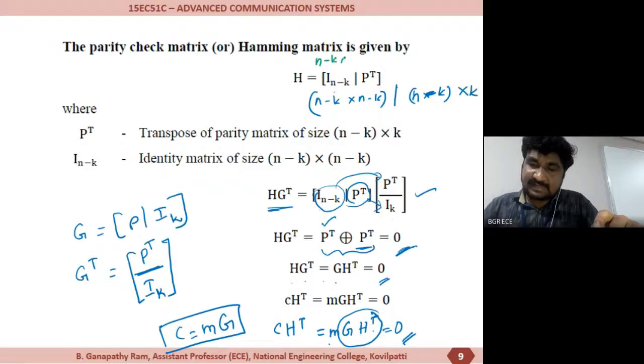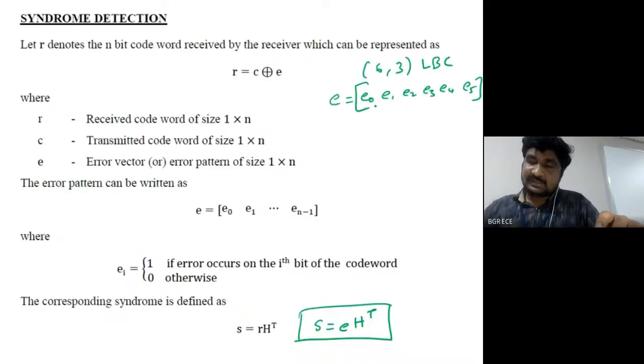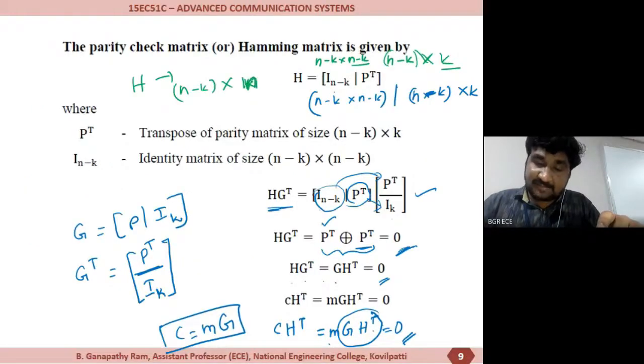I is of n minus k cross n minus k and P transpose is of n minus k cross k, so that both have n minus k number of rows and n minus k plus k number of columns, so the size of the H matrix is n minus k cross n.